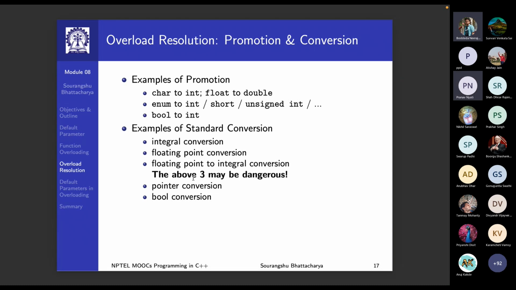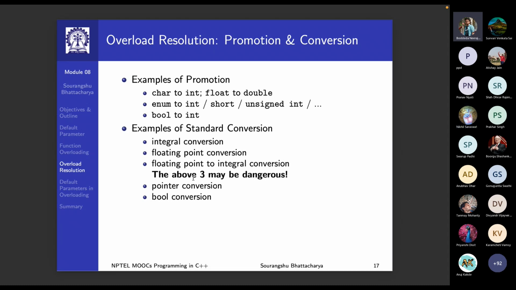And bool conversion? Bool conversion is from, let's say, an integer or a character to a Boolean value. You know that any non-zero value is taken as true and 0 is taken as false, right? Okay, sir. Thank you. So, does the pointer promotion also take place?